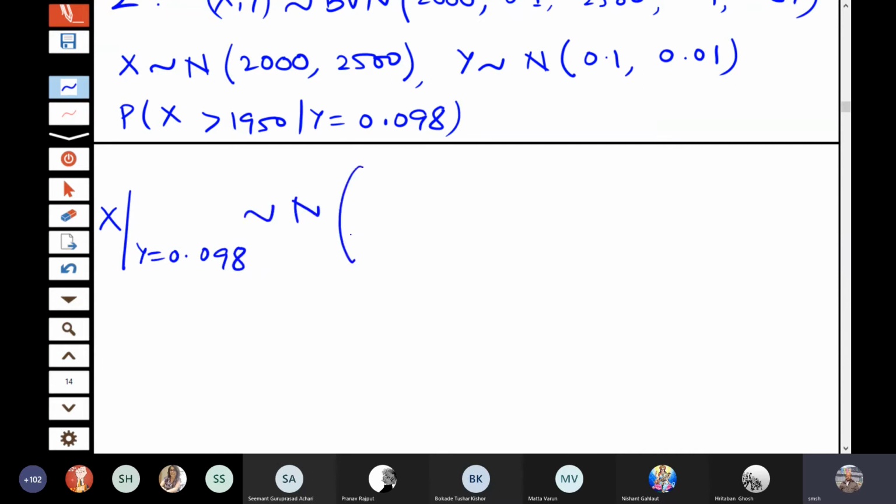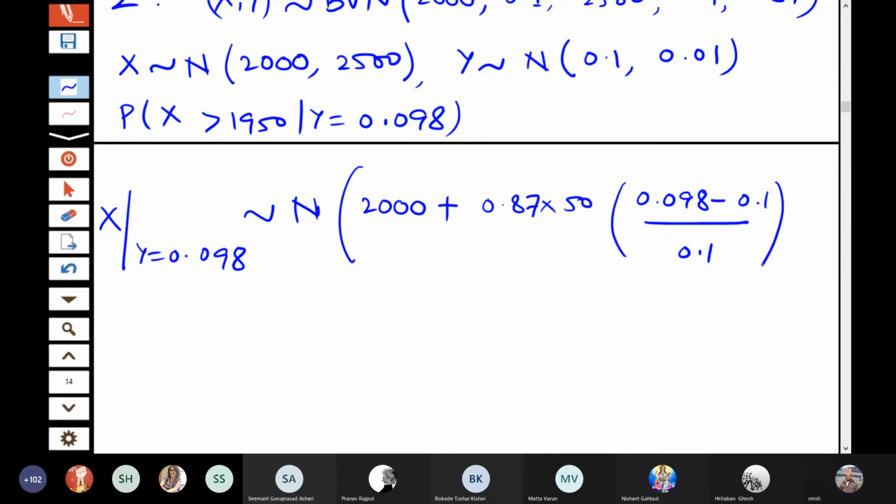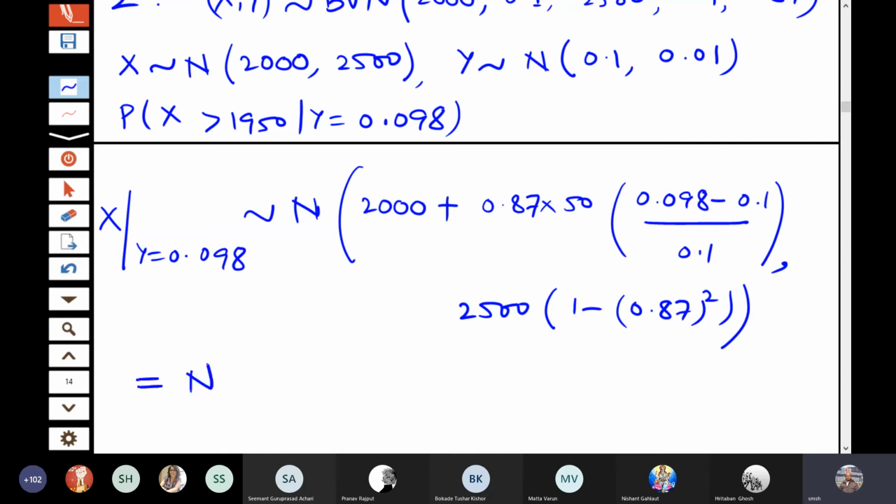This formula we know: it is mu1 plus rho sigma 1 into (y minus mu2) divided by sigma 2. So y is 0.098, mu2 is 0.1, and sigma 2 is 0.1. And variance is sigma 1 square, that is 2500 into (1 minus rho square), 1 minus 0.87 square. So you can simplify this. This is nothing but the normal distribution.